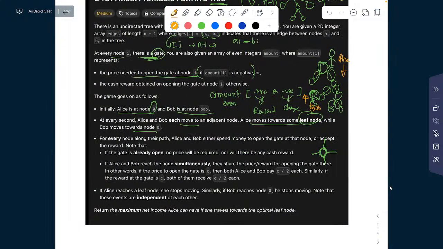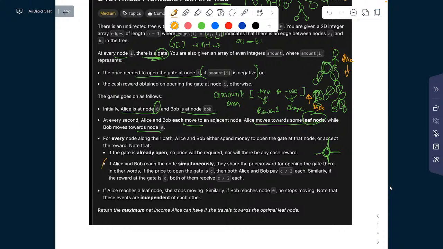Now let's go ahead and highlight the points. This is for simultaneously reaching, and this is the already open case.